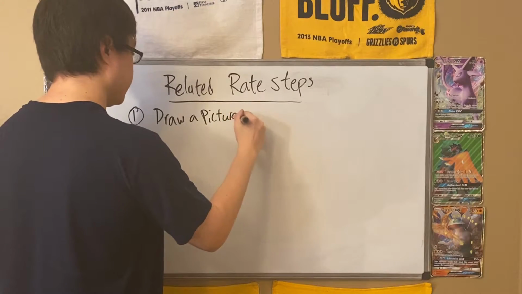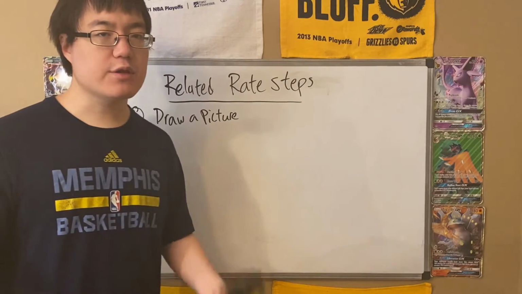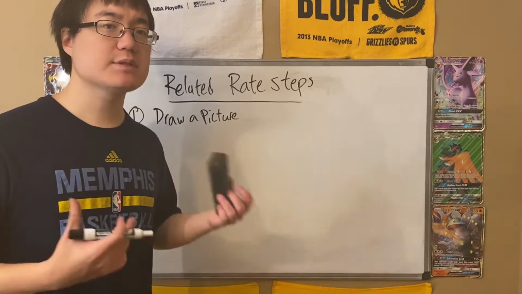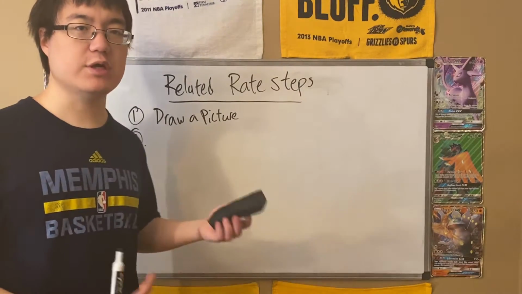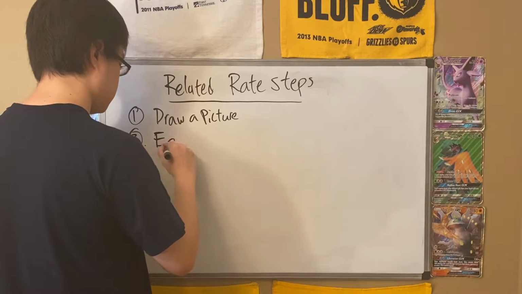And the point of the picture is to come up with some formula. Sometimes they give you the equation, which is nice. That's going to be the first example where we just start off with the equation. But sometimes they don't give you an equation, and you have to come up with an equation, usually geometry.